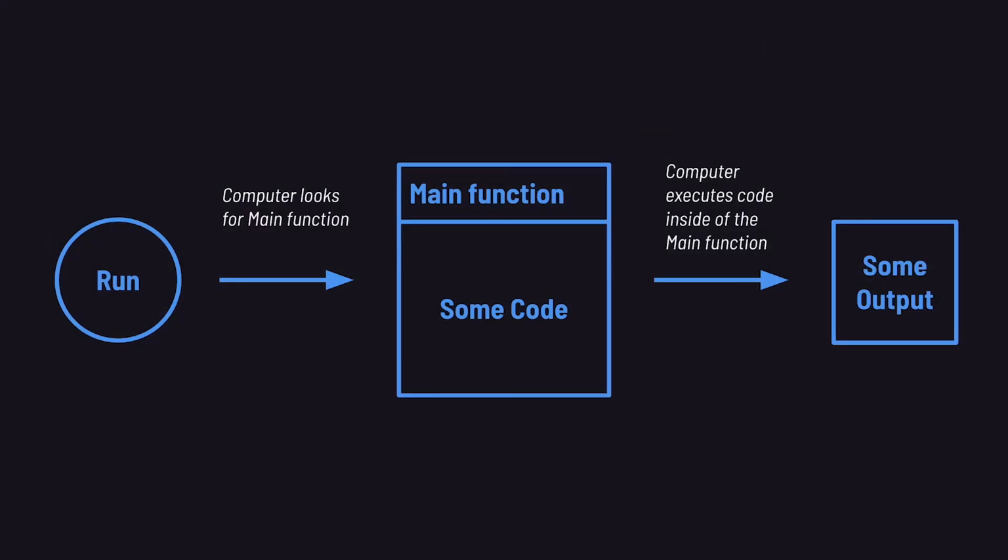When we run the program, it will go through all classes that we have and will look there for exactly this function. It has to be written like this, and we can only have one main function. Otherwise, the program will not work. And when the program finds our main function, it is the first thing that will be executed. So everything that we write inside of the main function will be executed when we start the program.